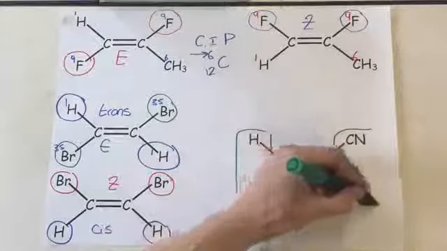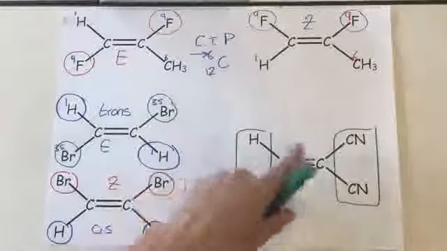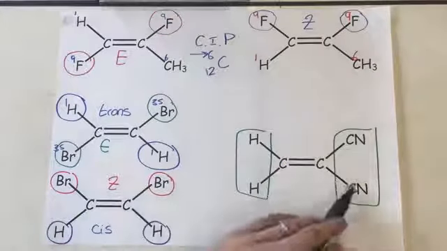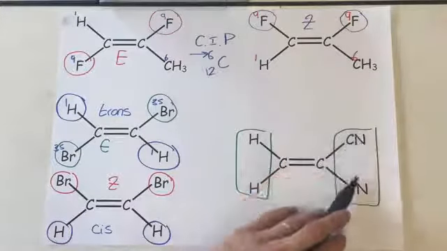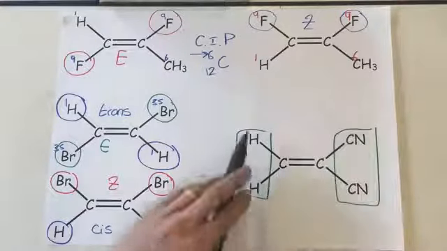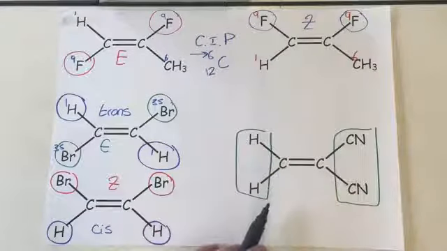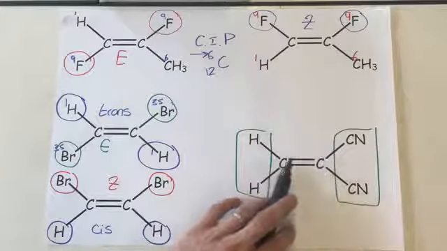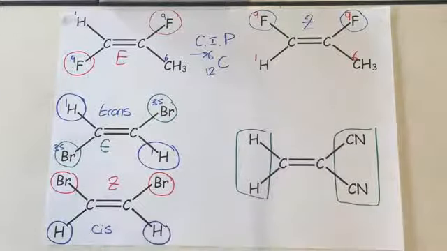And furthermore, on the other side, you don't have to have both sides with this, but on the other side, what I have done as well is I've shown you how it's got two of the same group on this side. So it can't show cis-trans because the hydrogens are both on the same carbon, and more to the point, it wouldn't show EZ either because both carbons are bonded to two of the same atom or group. It only takes one of them to be bonded to two of the same atom or group, though, to actually break this criteria for cis-trans.